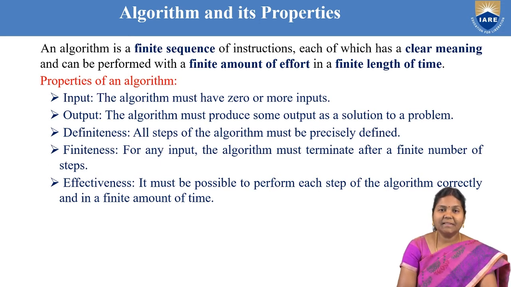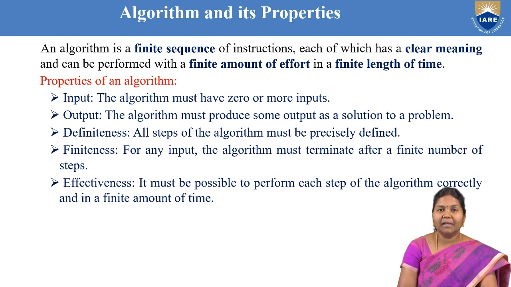If you look at this definition, there are four key points. One is that every algorithm must have a finite sequence of instructions. That means whenever you write an algorithm, you should not write an infinite number of statements. Then, it should have a clear meaning. That means every statement in the algorithm must have a definite meaning.